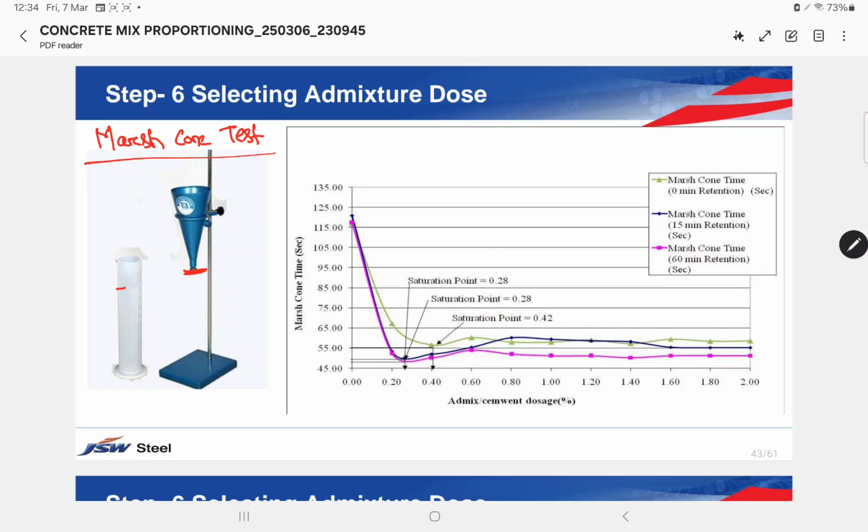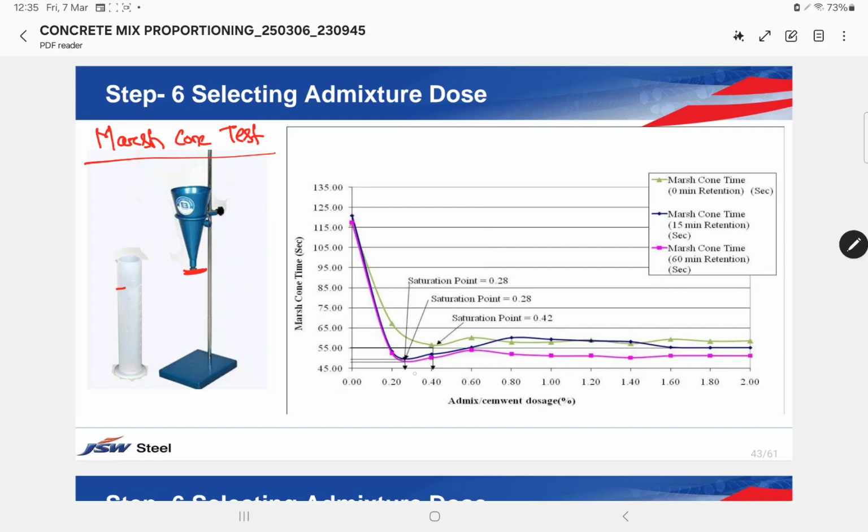When you gradually increase the dose of admixture, you finally reach a point when there will be no change in the time when you further add the dose of admixture. From that you draw a curve, and from this curve you finalize the optimum dose.